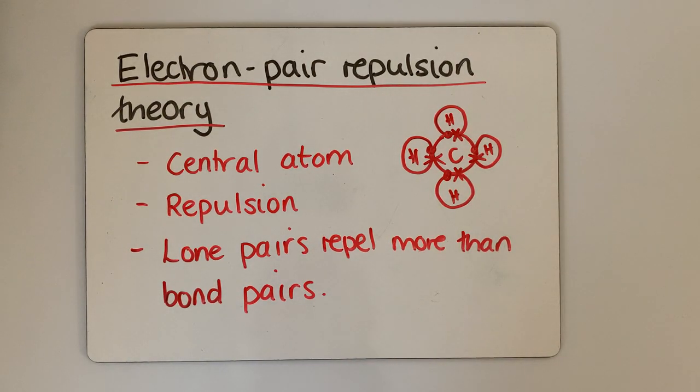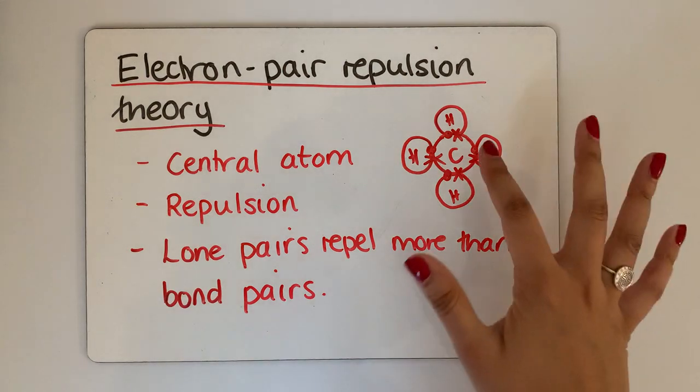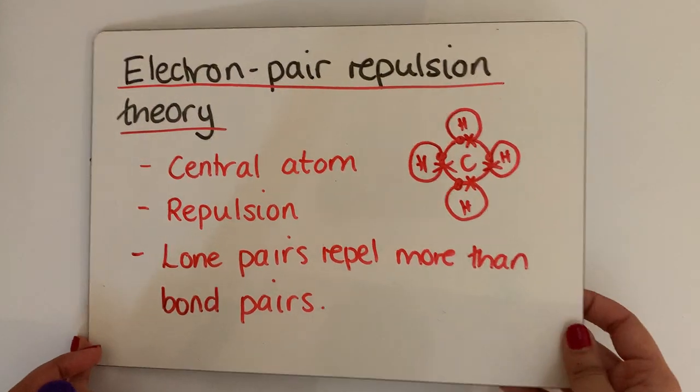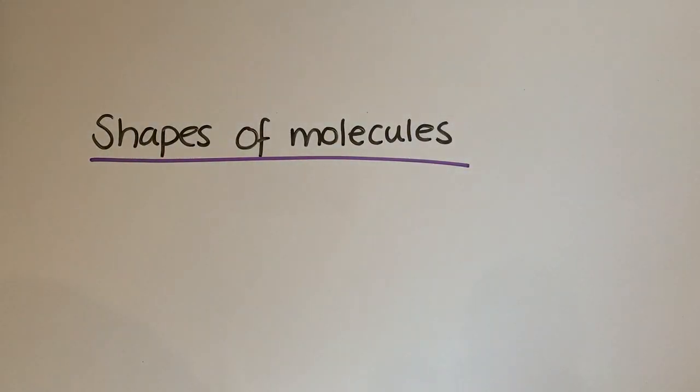Okay, so all four of those electron pairs are repelling each other. And that means they want to be as far away from each other as possible. Another thing to note, and this is quite an important point, is that lone pairs repel more than bond pairs. In this one, we don't have any lone pairs, but we are going to have a look at examples that do, and we're going to see what effect that has on the structure.